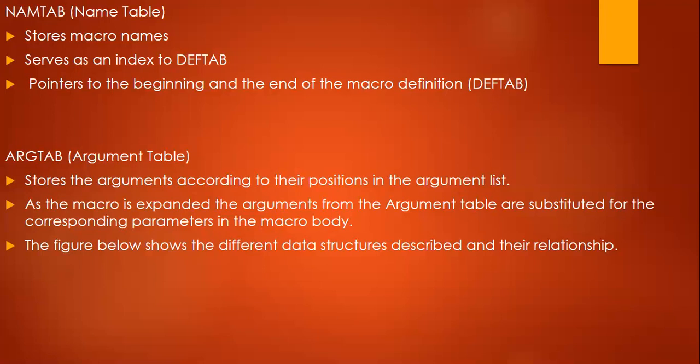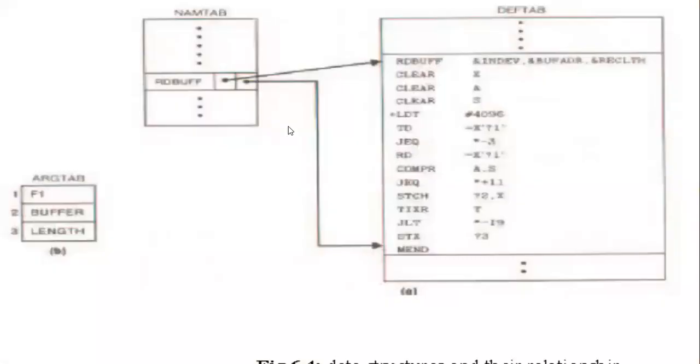Then the argument table, or ARGTAB, stores the arguments according to their position in the argument list. As the macro is expanded, the arguments from the argument table are substituted for the corresponding parameters in the macro body. The figure below shows the different data structures and their relationships. This is the definition table. Whenever we find a macro definition at the start of the program, everything is loaded with the same prototype: here READ BUFFER, then WRITE BUFFER.